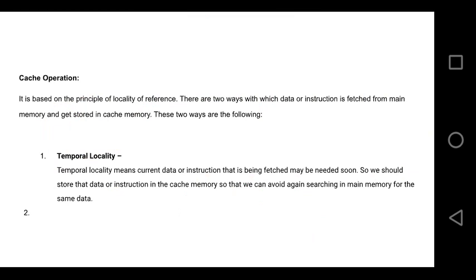So temporal locality of reference means the current data or instruction that is being fetched may be needed soon, so we store it in cache memory to avoid searching main memory again for the same data. So this is about temporal locality.